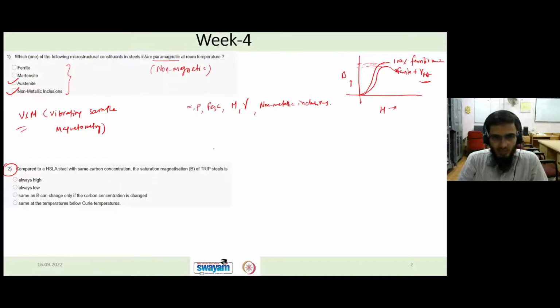What will happen to the saturation magnetization? If it is HSLA and in another case it is TRIP steel, then what will happen? The saturation magnetization will be higher, or low, or same, or it can change only if the carbon concentration is changed. And the last is same as the temperature is below the Curie temperature.